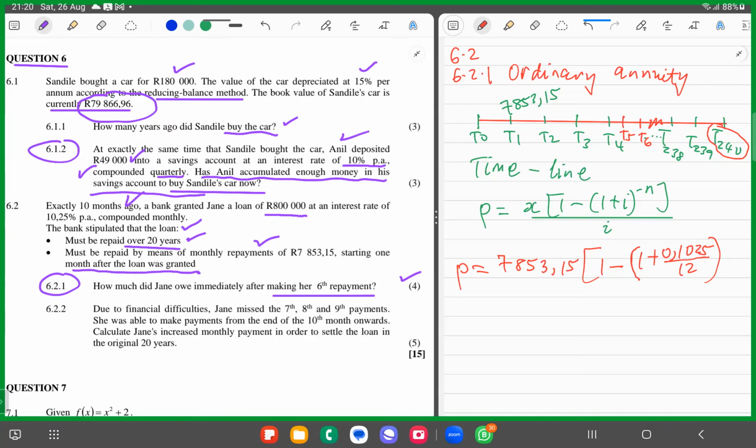The payments that will be outstanding will be 234. Obviously, 234 payments after making the 6th one. So we are looking at the payments from the 7th payment onwards. So you have minus 234.